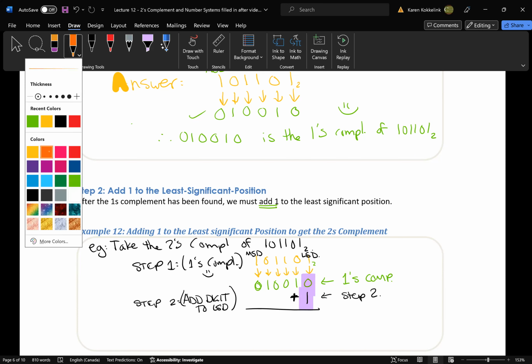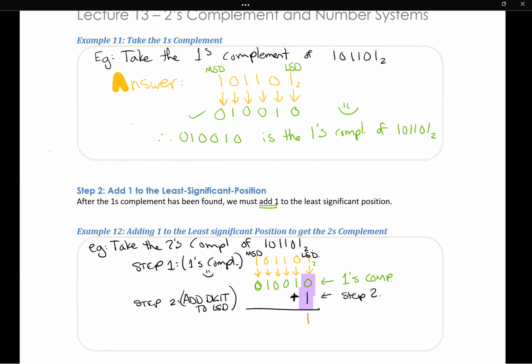Of course, 1 plus 0 is going to be a 1. And then the rest is pretty much just zeros, right? So that's going to be a 1, 1, 0, 0, 1, 0.